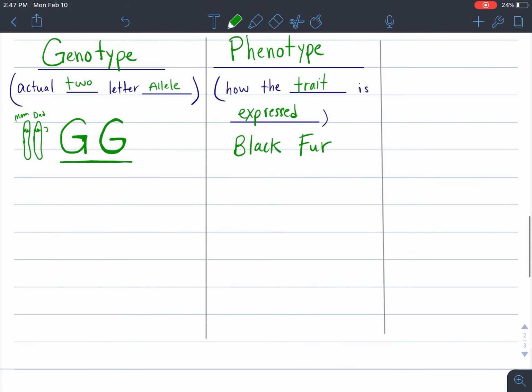All right. So what would be the other combinations? Well, maybe mom is going to contribute the capital G, and the dad is going to contribute a lowercase g. Well, in this case, since the capital is dominant, it will dominate over the lowercase. And even though this person has the allele for a white coat, the black coat allele will overpower it. And so this baby would also have black fur.